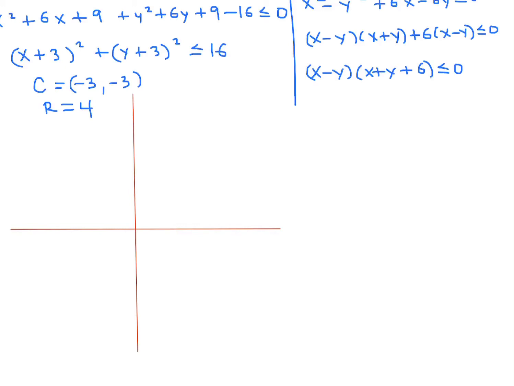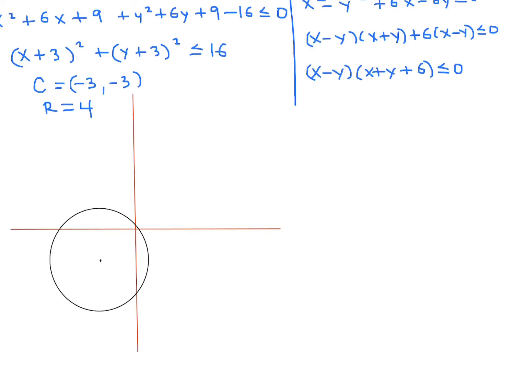So we'll draw that in this graph. So here is the approximate look of this circle. It has a center at -3, -3, and a radius of 4, approximately like that.